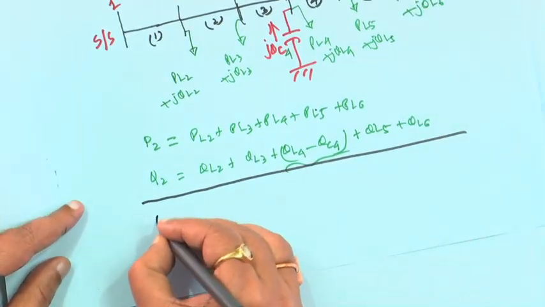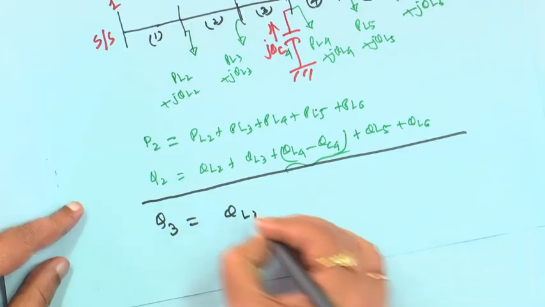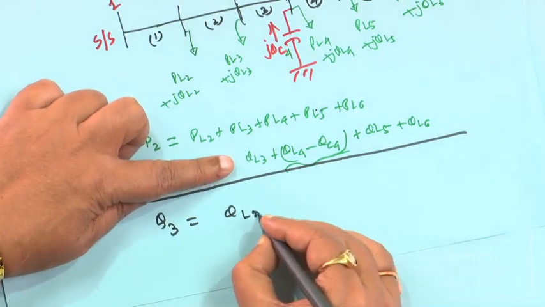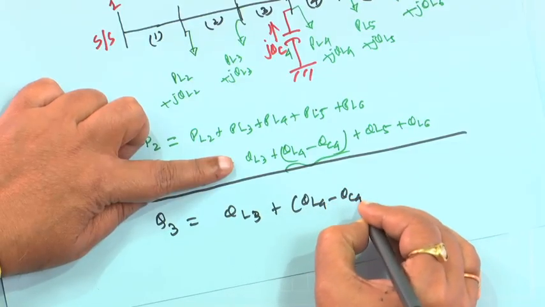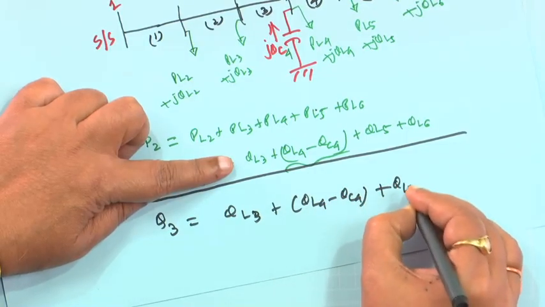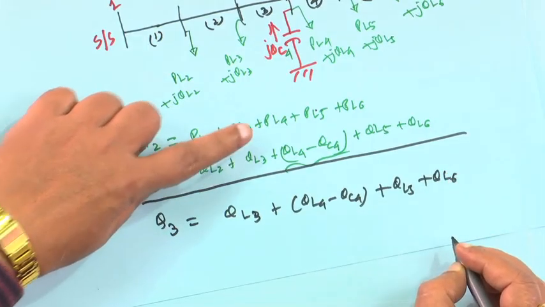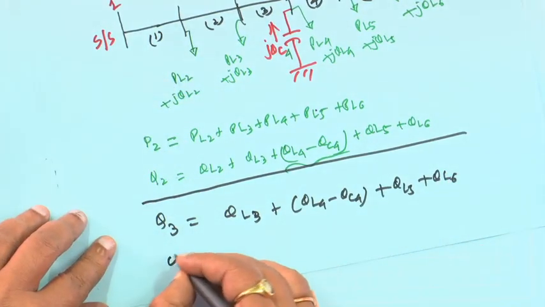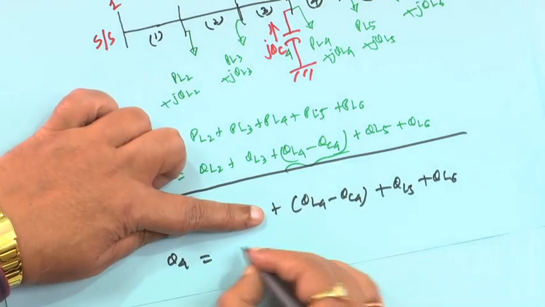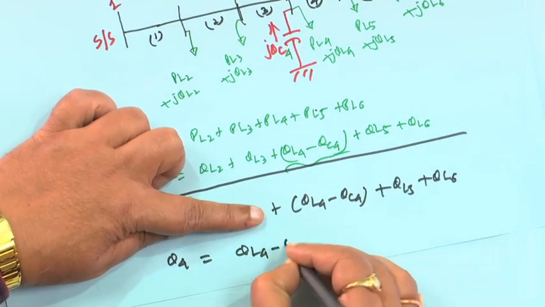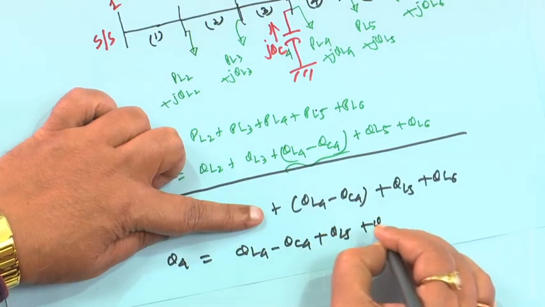Now, if you write only Q, Q3 will again be QL3 plus QL4 minus QC4 plus QL5 plus QL6. For Q4, the QL3 term is dropped, so it will be QL4 minus QC4 plus QL5 plus QL6.